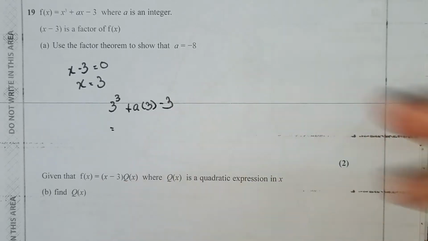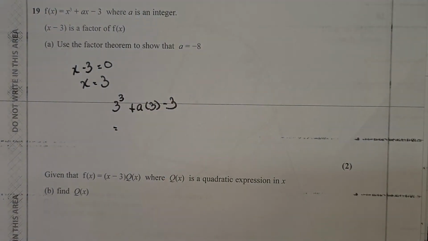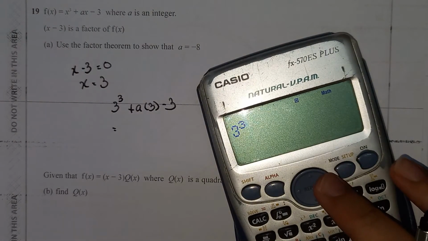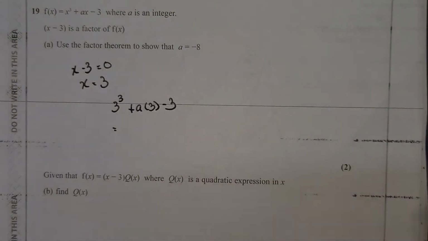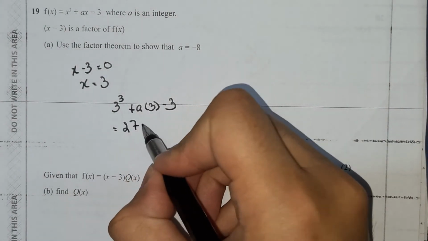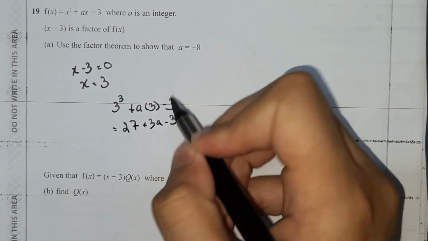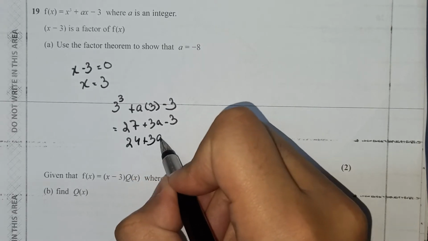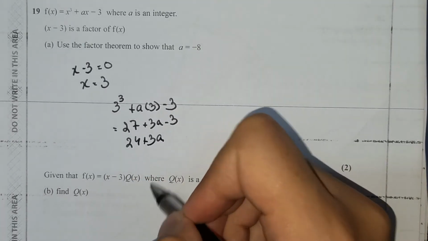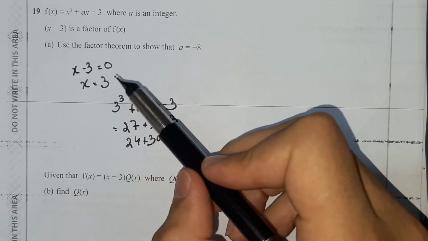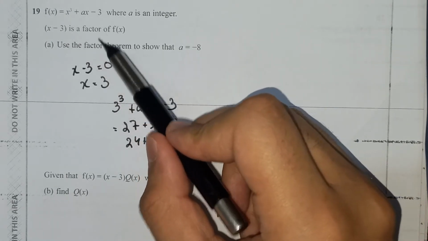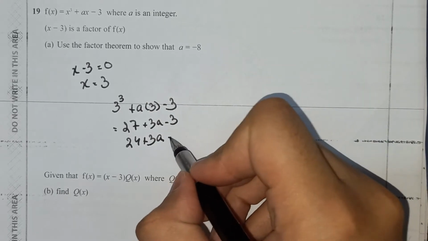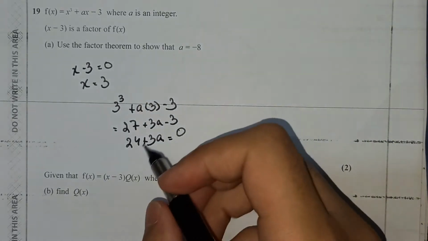Now using our calculator, we're gonna solve this. So 3 cubed gives us 27 plus 3a minus 3. So 27 minus 3 gives us 24 plus 3a, and because we are solving this equation and finding a is equal to minus 8, always equal this to 0.